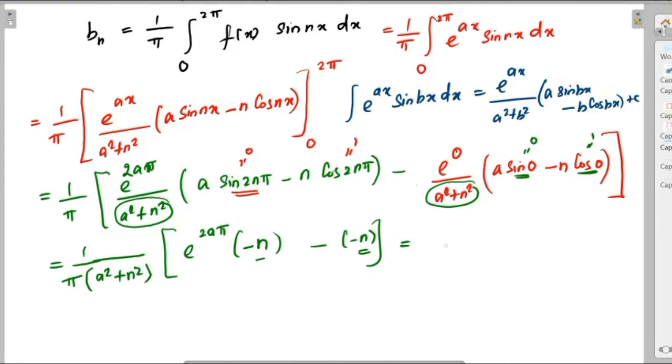If you take minus n as a common term, you can write minus n by pi a square plus n square into e power 2a pi minus 1.